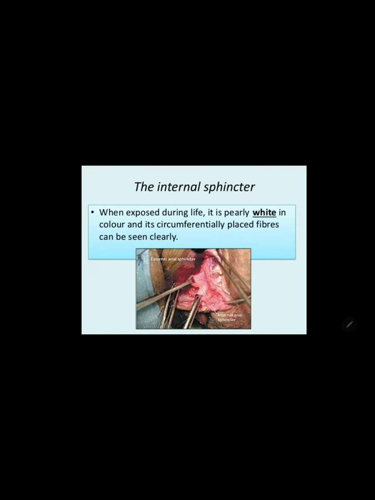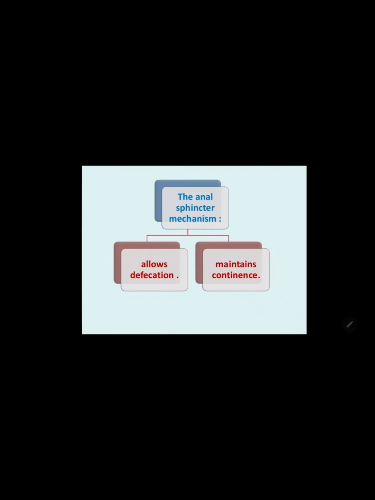Being involuntary, it is supplied by superior and inferior hypogastric plexus and pelvic splanchnic nerves. And when you expose in the dissection, it appears as a pearly white circumferentially surrounding the anal canal. Here you can notice the whitish fibers of the internal sphincter.